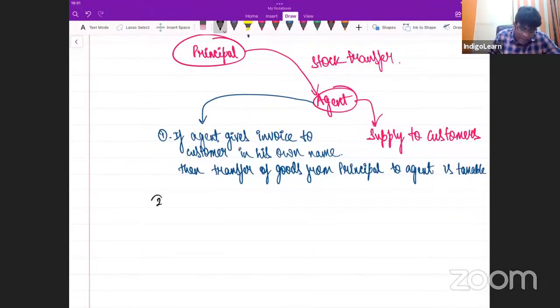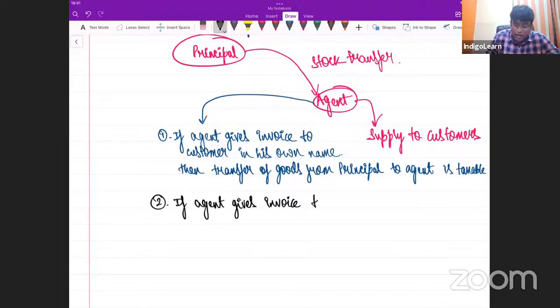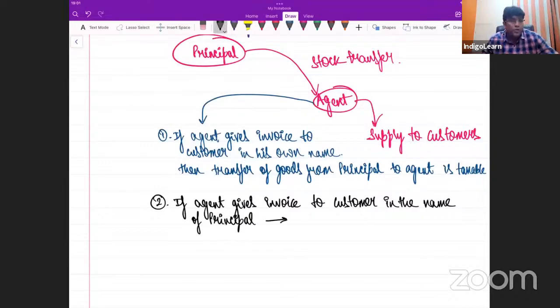Now imagine a special case like this. If the agent gives an invoice to the customer in the name of the principal, then P2A is not taxable.